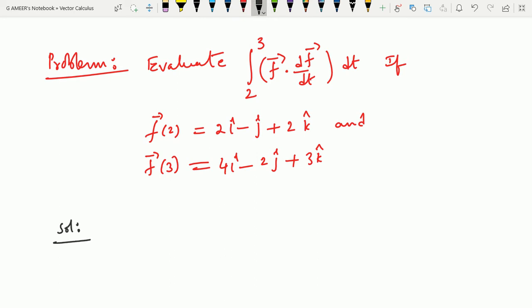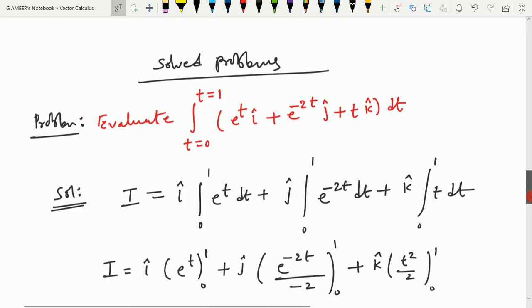Let's go for the solution. Okay, so here it is very simple. This is based on the formula. So we know the standard results, just now we have written the standard result.